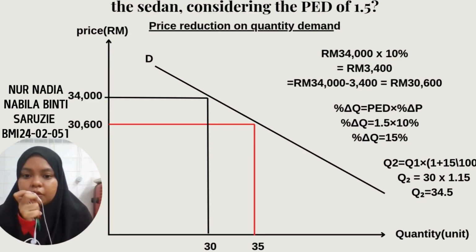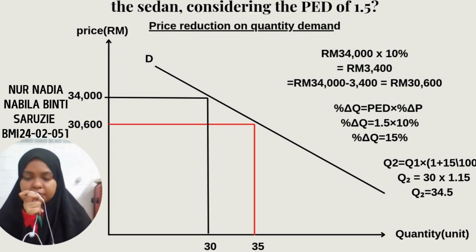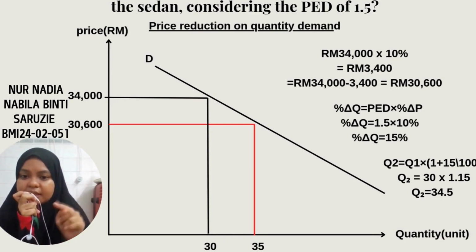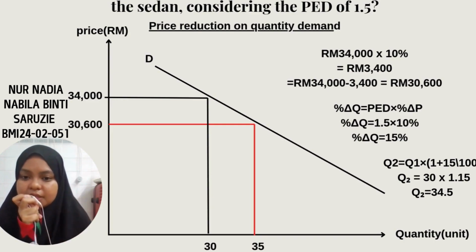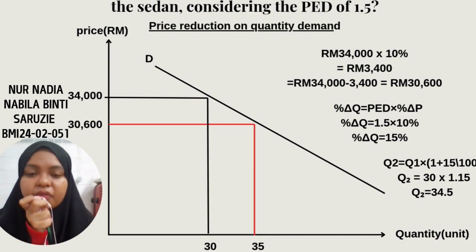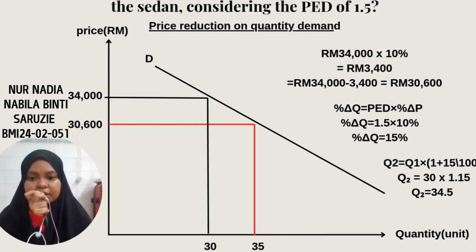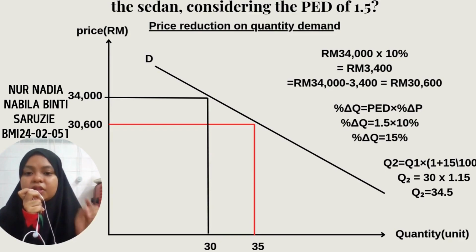So 35,000 times 10%, we will get 3,400. So 34,000 minus 3,400 will equal 30,600. This is the first step to calculate the new price.